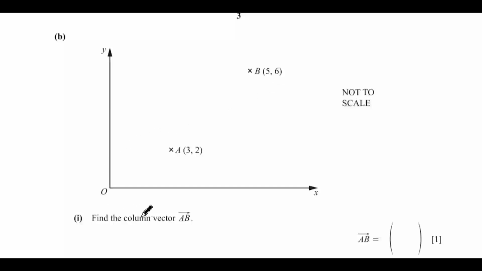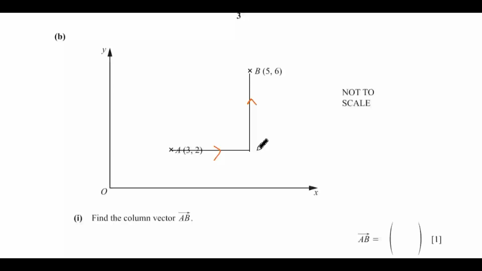So we want to find the column vector of AB. You need to be very careful here. So for vector A, you spread it like this, then you spread it like this to point B. So that is the direction of the movement, like this and like this.